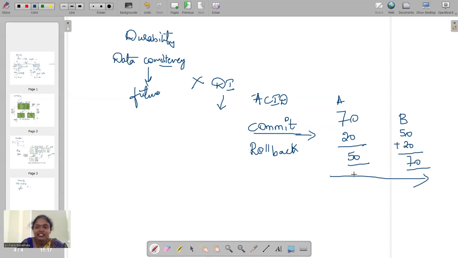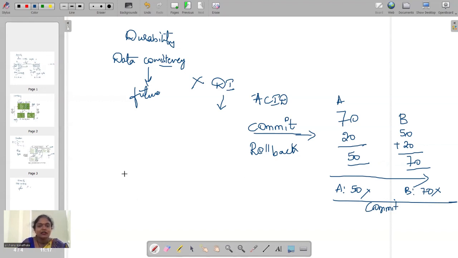So let me freeze these values. At any point of time, A should be reflected with 50 and B should be reflected with 70. To get this, I should issue a commit command so that the values will never be modified. Okay. So unless we release this, no other operations get performed here.